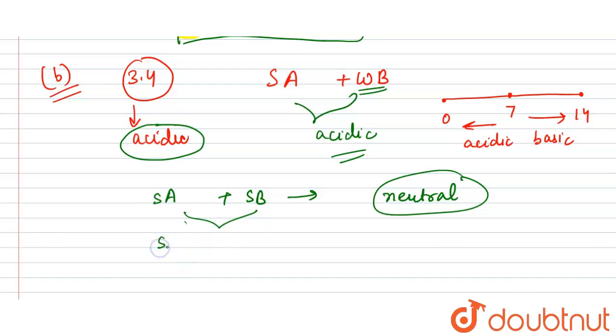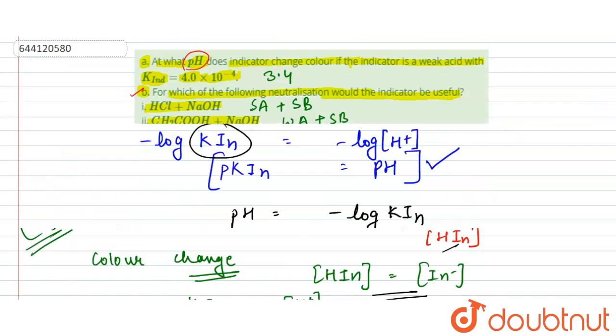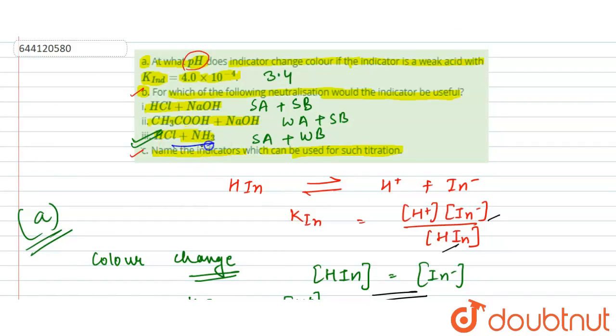In the case of strong base plus weak acid, the solution will obviously be basic, because the strong basic nature dominates. So our answer is HCl plus NH3, because this is our weak base and this is our strong acid. Our answer is option number 3.